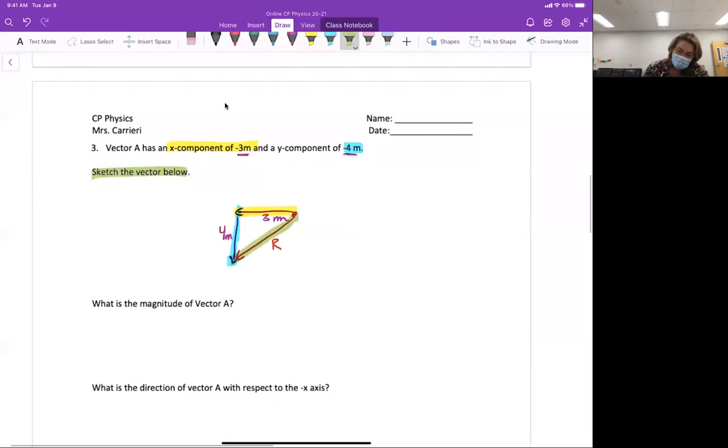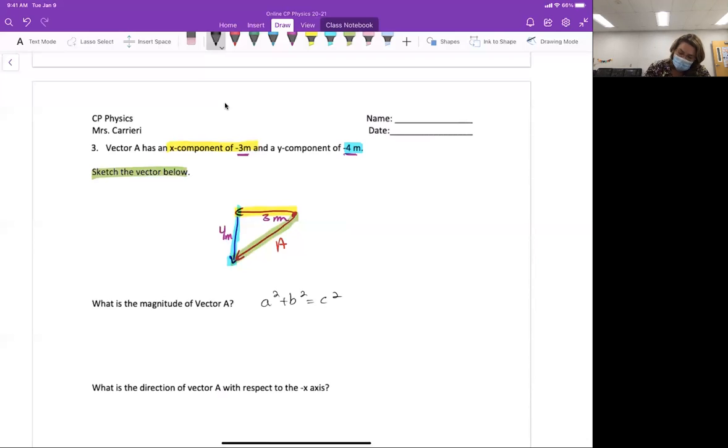What is the magnitude? Oh, I shouldn't call it R because they described it as A. So what is the magnitude of A? What's the length of A? Well, we can use the Pythagorean theorem. A squared plus B squared equals C squared. C in this equation is the hypotenuse, and that happens to be the side that I need to find.